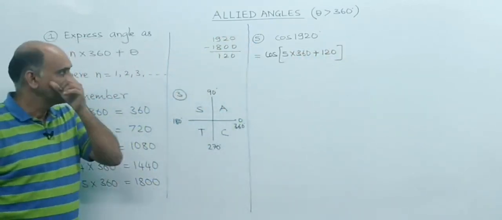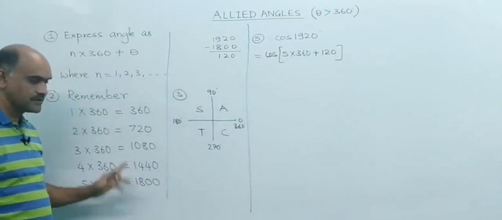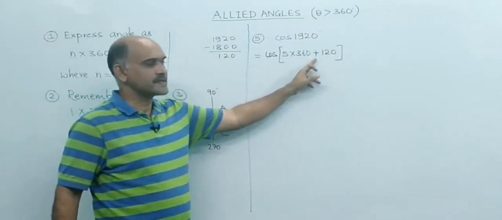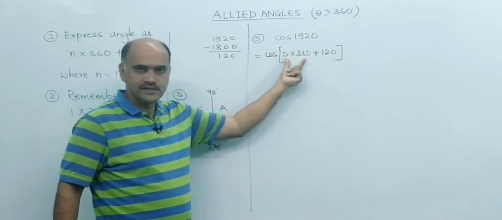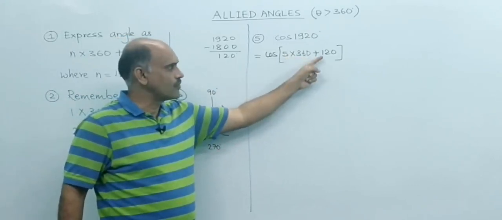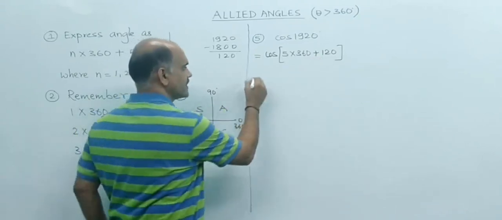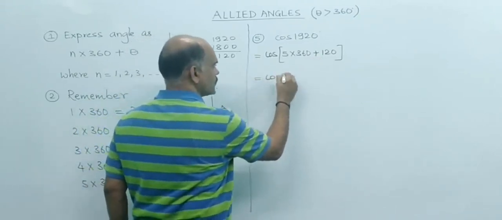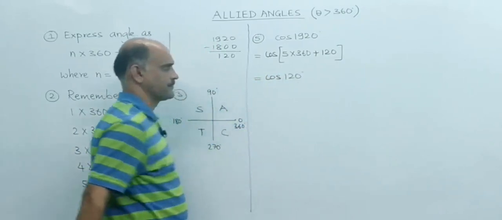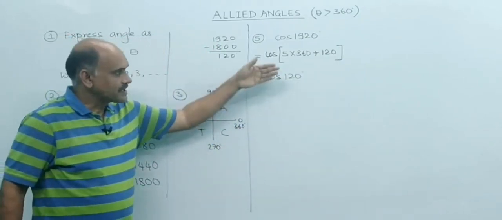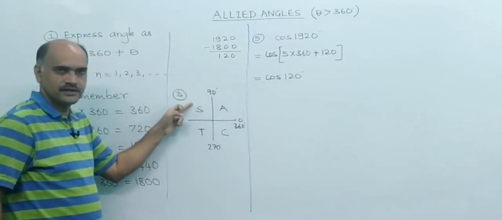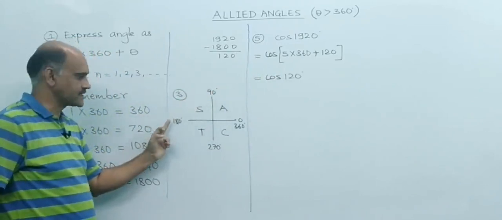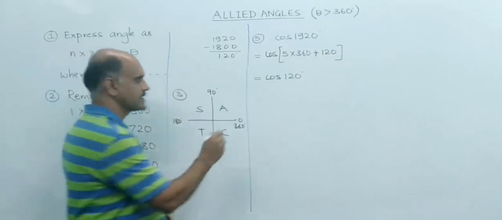Clear, students? So 5 into 360 plus 120. Compulsory here it has to be plus. Again you leave this 5 into 360. So what remains? 120. So you will have cos 120 degree. Now this has become less than 360. So 120 is in the second quadrant. So 120 can be written as 180 minus 60.